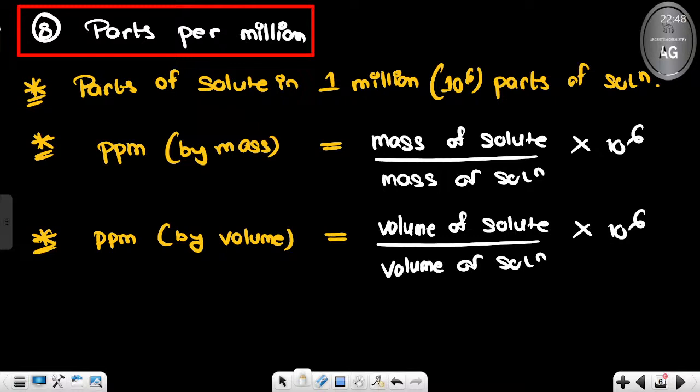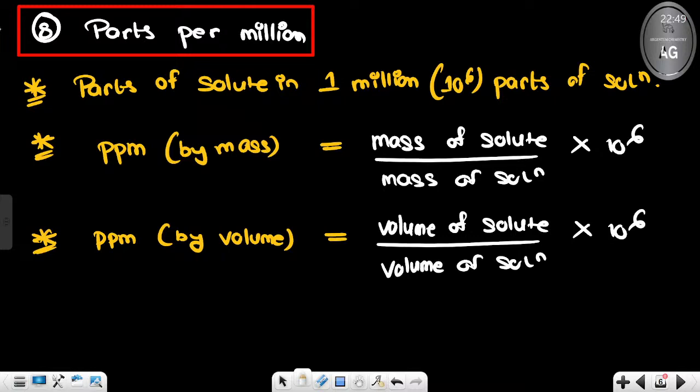See here, this is parts per million. We write it as ppm, parts per million. This is used when the mass of solute is very less as compared to the mass of the solution. Suppose the solution is very huge and you are giving a little bit of solute in it, like a 2 liter bottle and you are giving 1 gram in it.